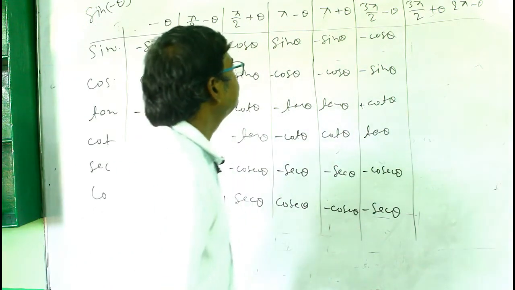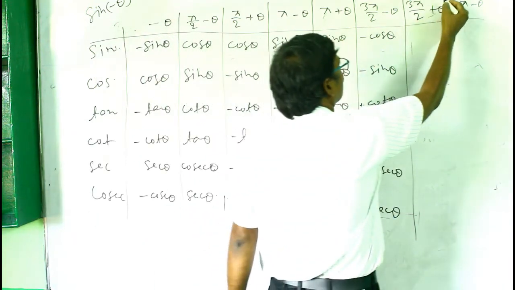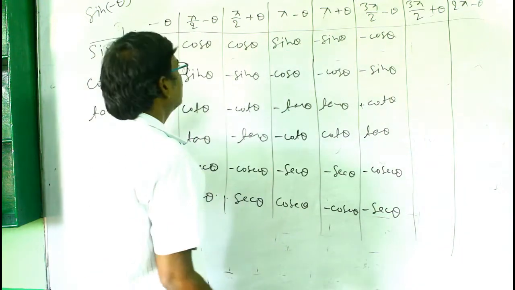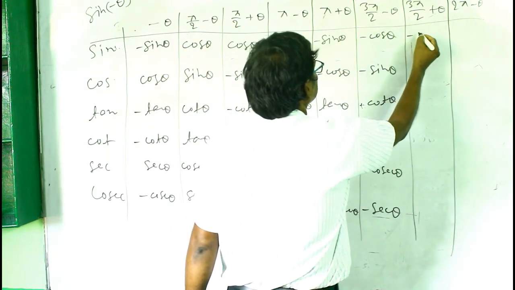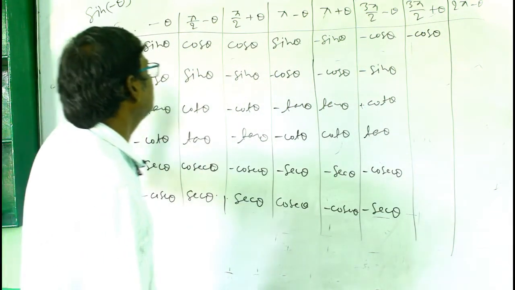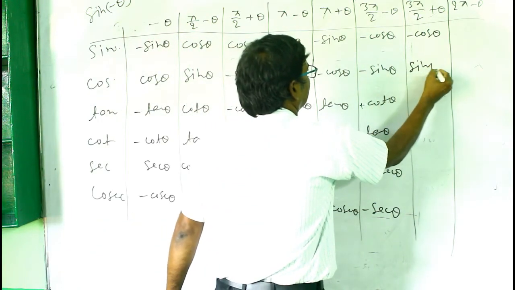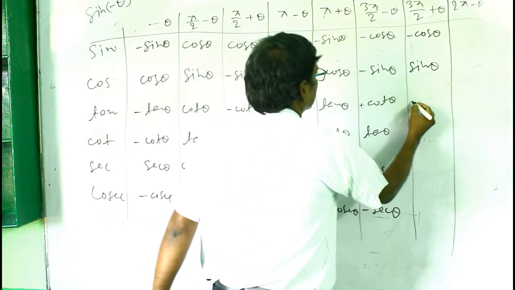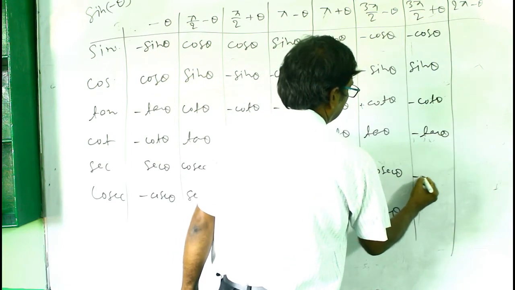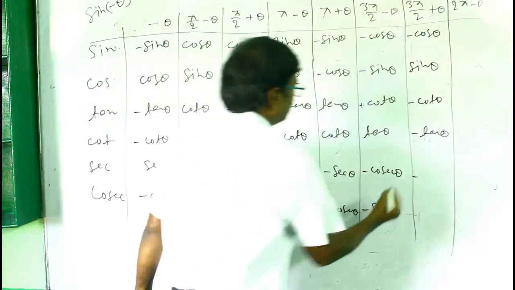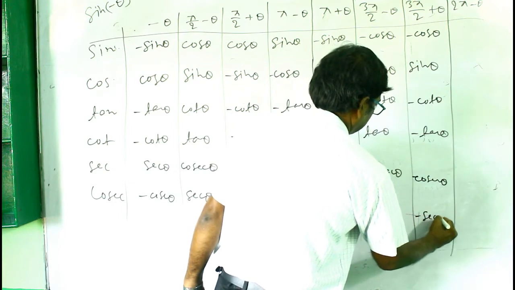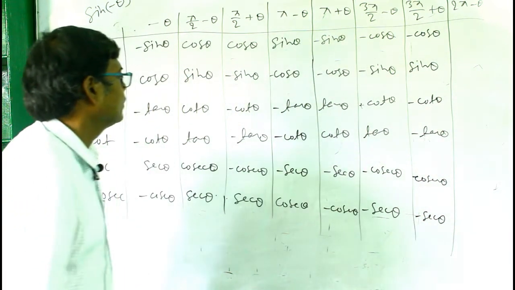So in this case it will be again 3 pi by 2: this will be minus cos theta, and this will be here positive sin theta, and tan theta will be here minus cot theta, and this is minus tan theta, and here sec theta will be positive, that is cosec theta it will be, and this will be here minus sec theta. Okay, so these are the values.